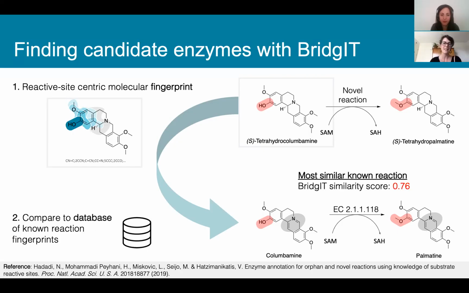And in this case, we found this enzyme here with EC number 2.1.1.118, which can turn columbamine into palmatine. And if you see here, the structures are very, very similar. It's just here in the gray zone, it's a little bit different, but other than that, the reaction is quite similar.